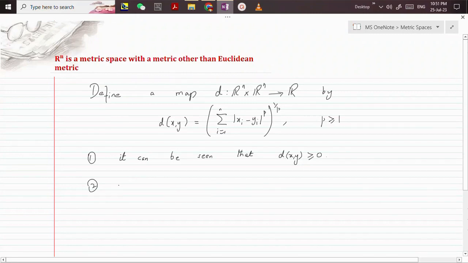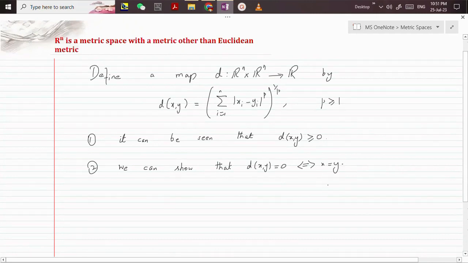So we can show that D of xy equals 0 if and only if x equals y. If I give you some hints, I hope you can do it easily.